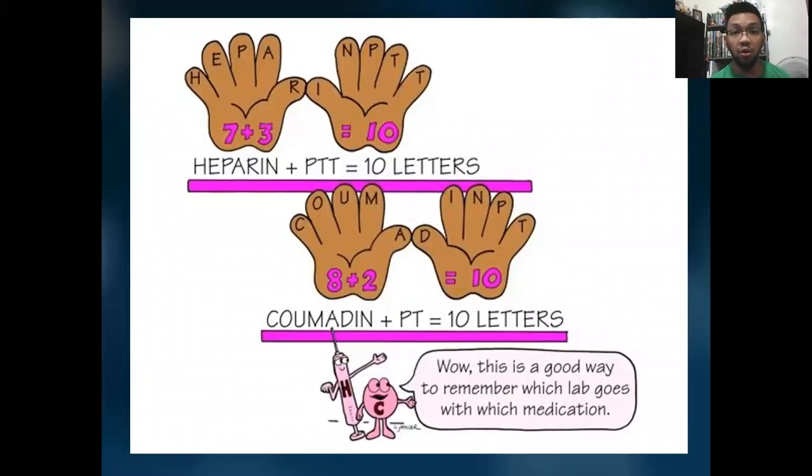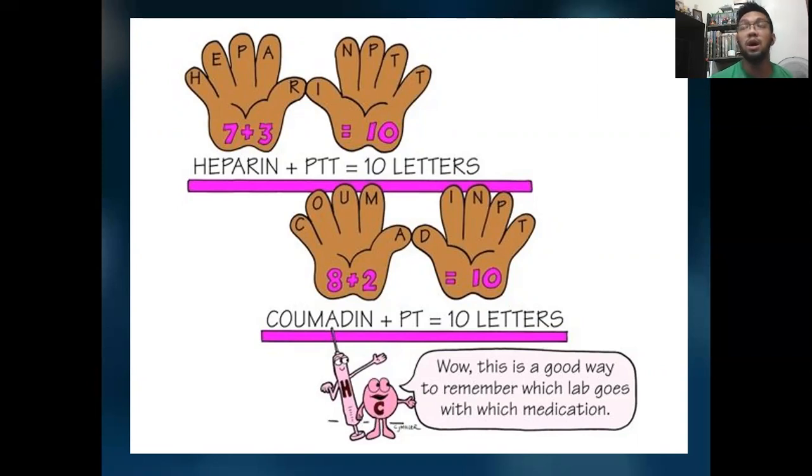In order for you to remember which drug is for which laboratory test, you need to remember this. There are 7 letters in heparin, plus 3 to make it 10, plus 3 letters from PTT or partial thromboplastin time.